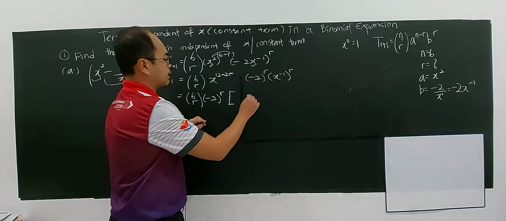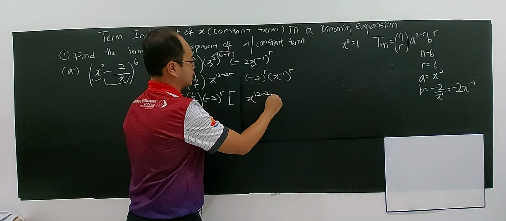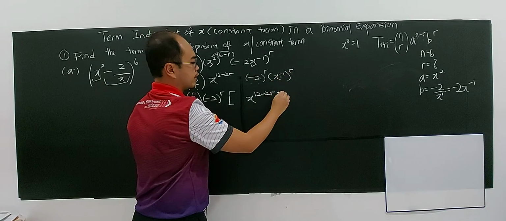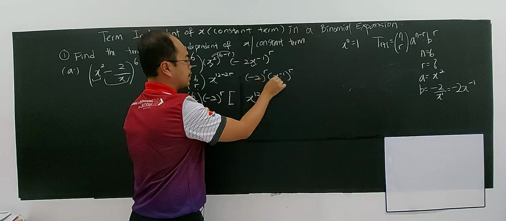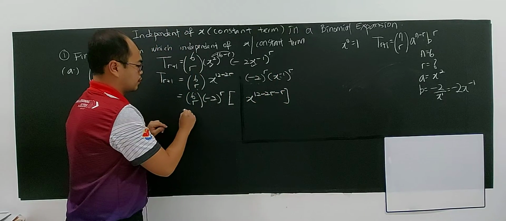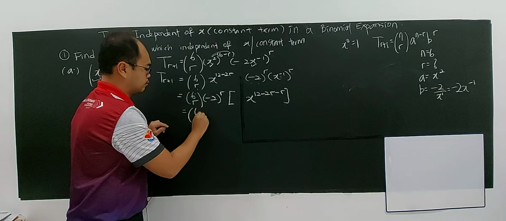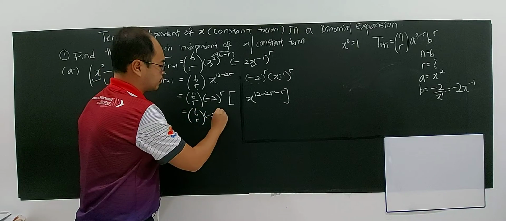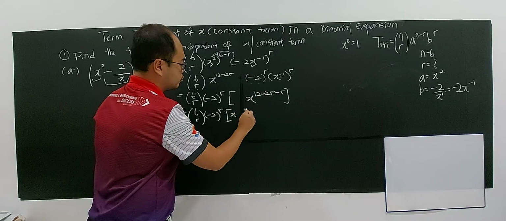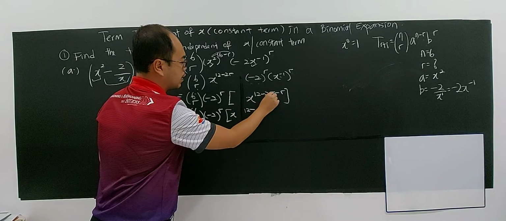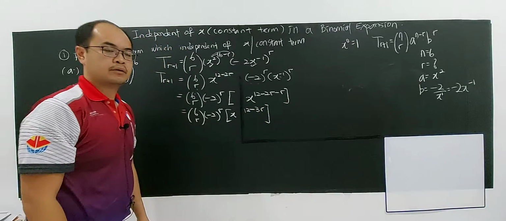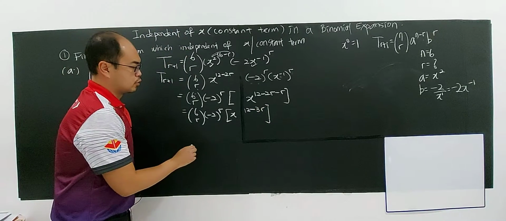So 12 minus 2r, and for this one it is negative r, negative 1 times r. Multiplying, you get negative r here. So you will have negative 2 to the power of r, and inside here you have x to the power of 12 minus 2r minus r, which is 12 minus 3r.